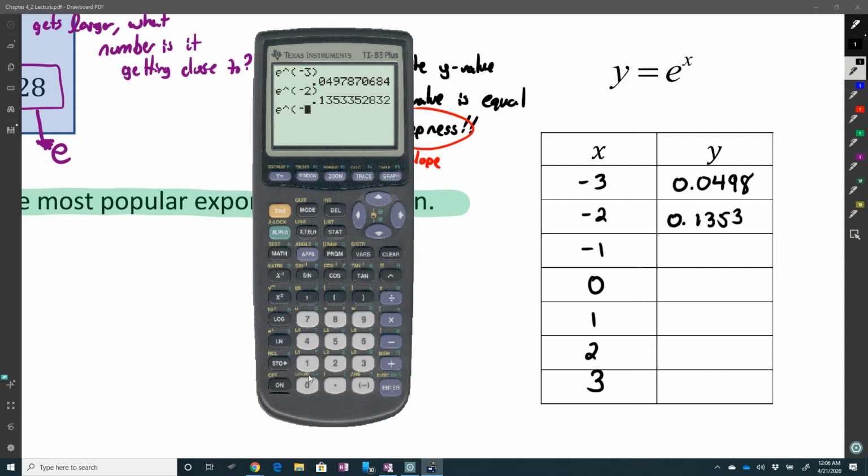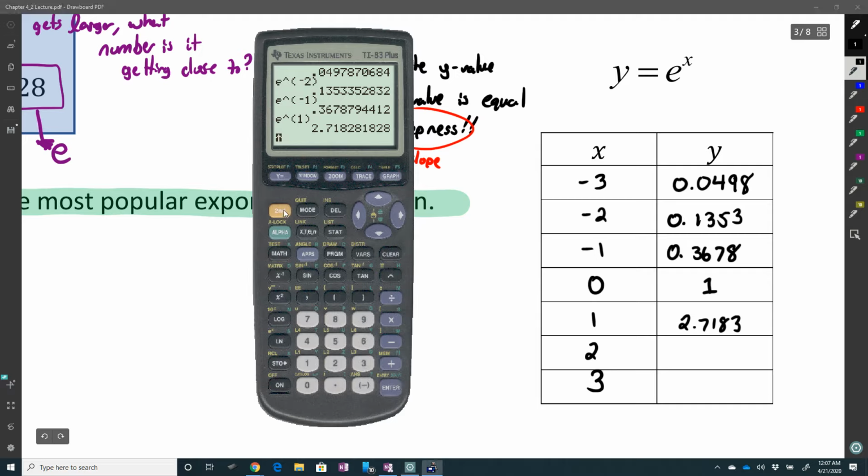E to the -1, 0.3678. E to the 0, anything to the 0 is 1. E to the 1, well, that's just e, but if you want to go ahead and write it out, 2.7183.